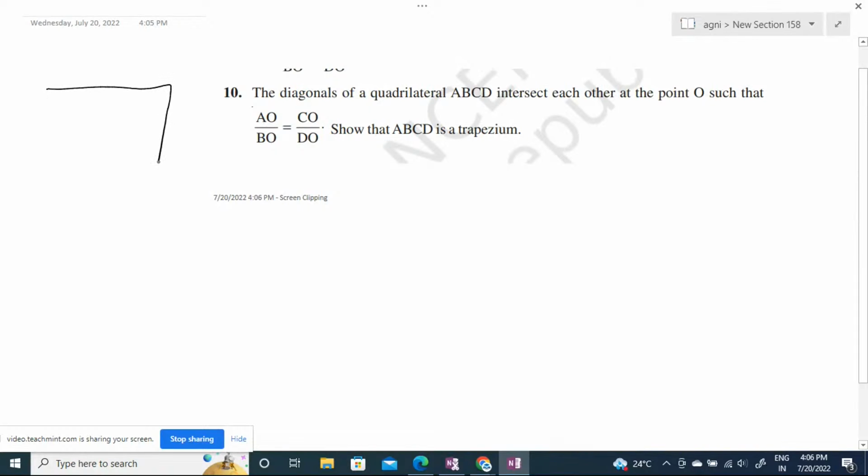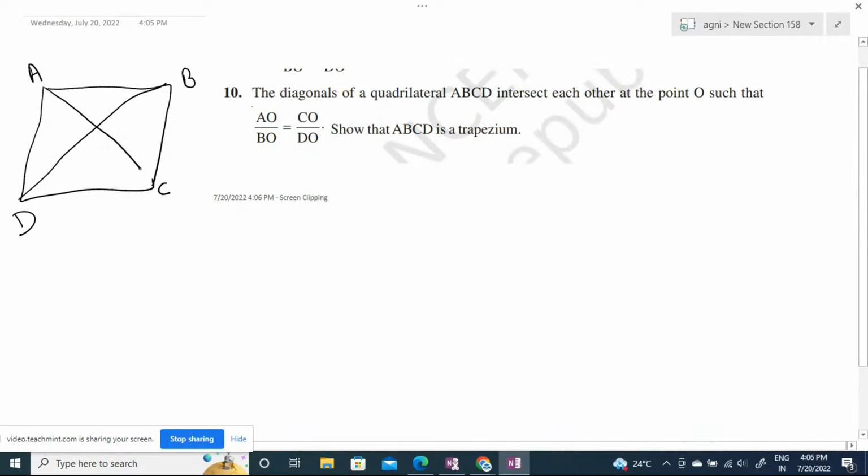Now the quadrilateral is of this shape, A, B, C and D. The diagonals intersect each other at the point O. We have to prove AO upon BO is equal to CO upon OD. Now in the same way we can do this question.